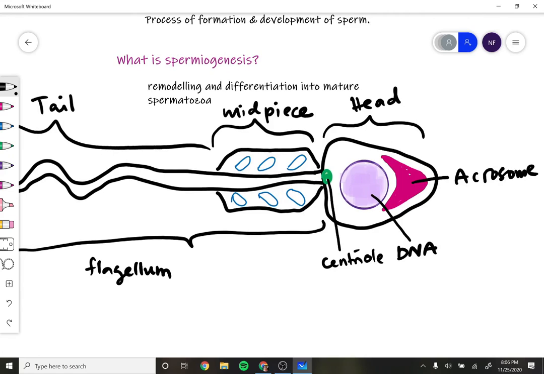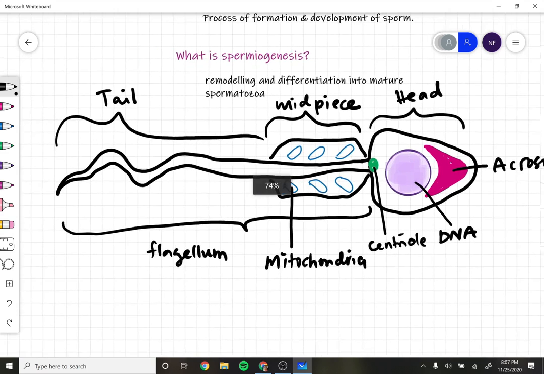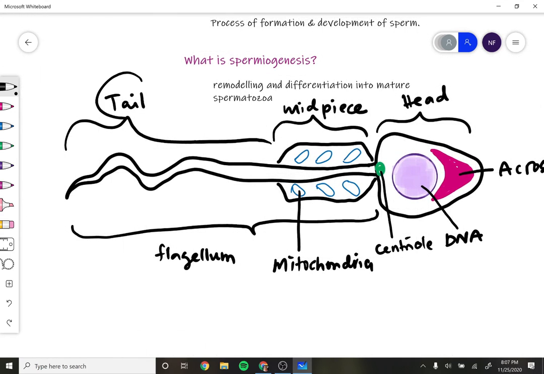The midpiece contains a large number of mitochondria, which are very important for the tail by providing energy so that the tail can propel and the sperm can swim through the female reproductive tract. Without all of this structure, the sperm won't be able to either find the egg in the fallopian tube or fertilize the egg.